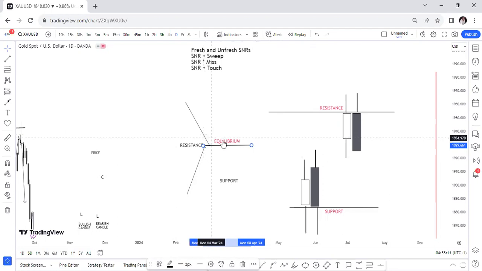So when the market comes to this equal level of equilibrium, it becomes a kind of range in the market, a kind of stronghold.